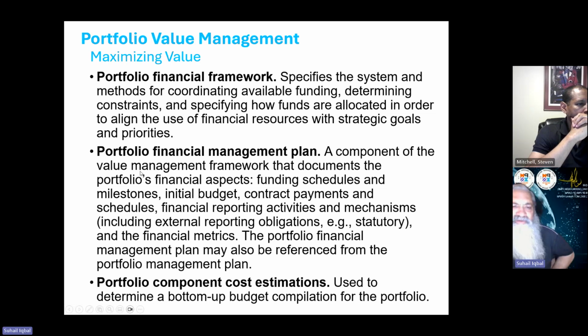So it is a component of the value management framework that documents the portfolio financial aspects, funding schedules, milestones, initial budget, and all of those things. The portfolio financial management plan may also be referenced from the portfolio management plan. Naturally, it is part of the portfolio management plan, so it could be an ingredient into the portfolio management plan.